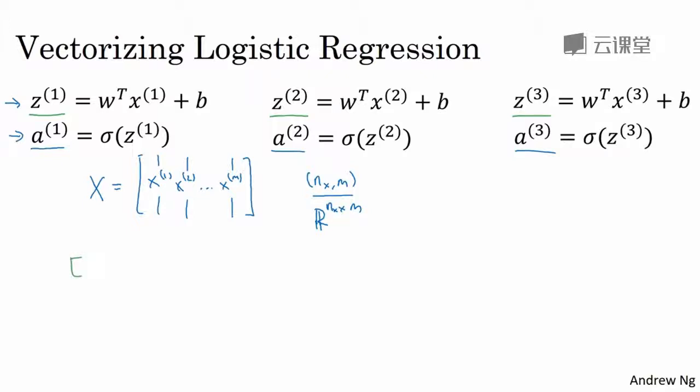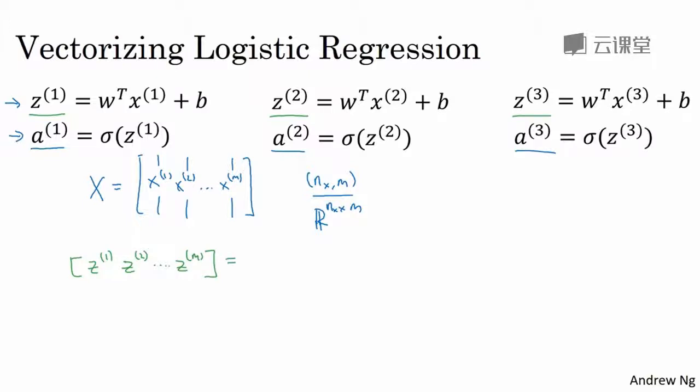So I'm going to construct a 1 by m matrix. This is really a row vector, where I'm going to compute Z1, Z2, and so on, down to Zm, all at the same time.